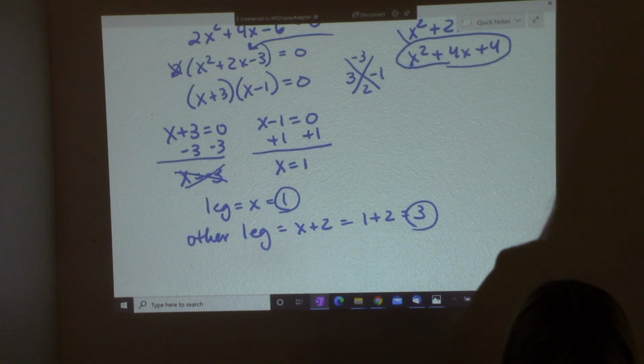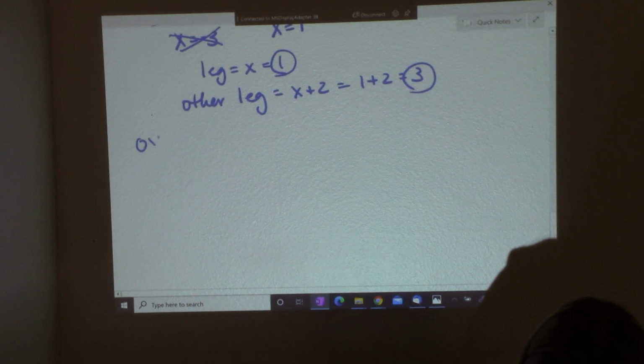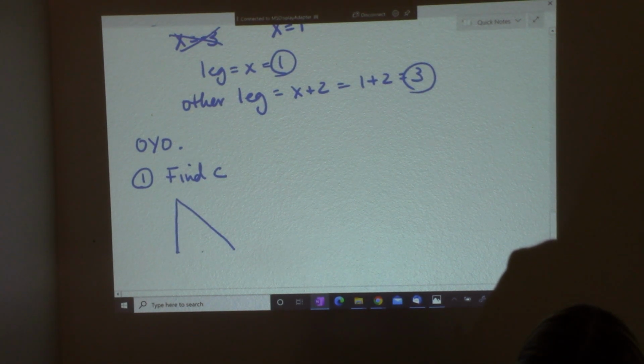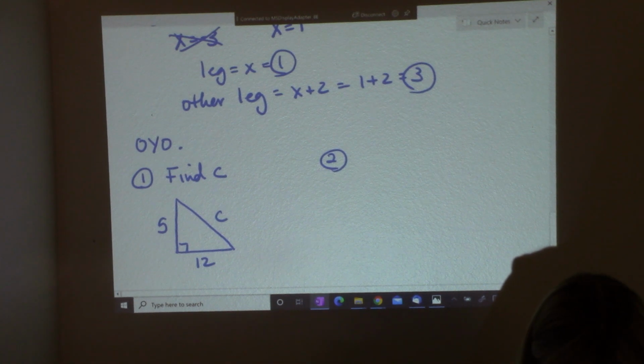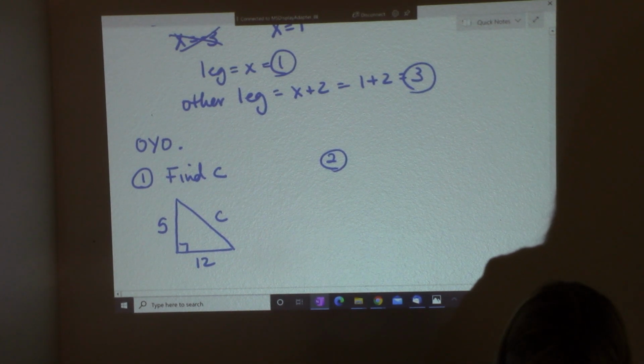Okay, I want you to try a couple. So I want you to find C. And here it is. 5, 12, and C. So go ahead and do that one. And then I want you to do this one.